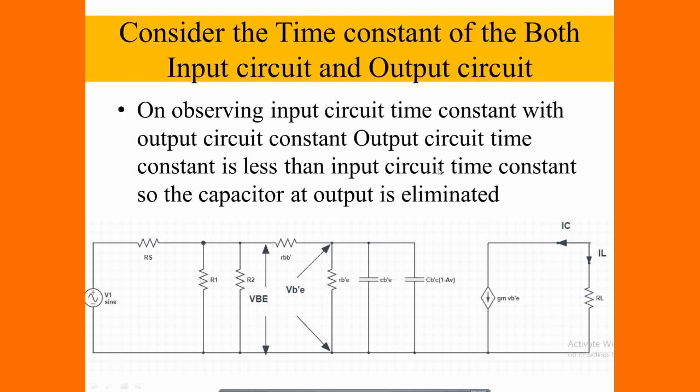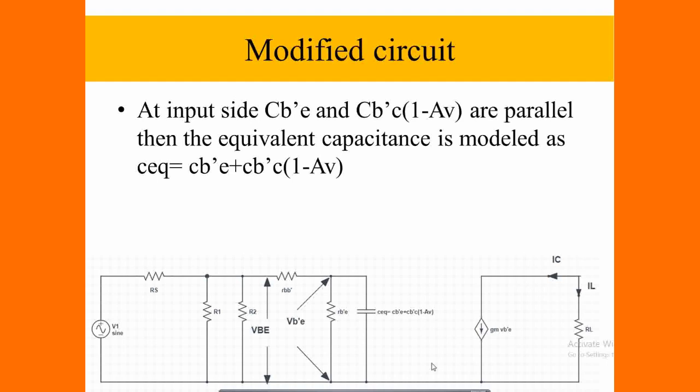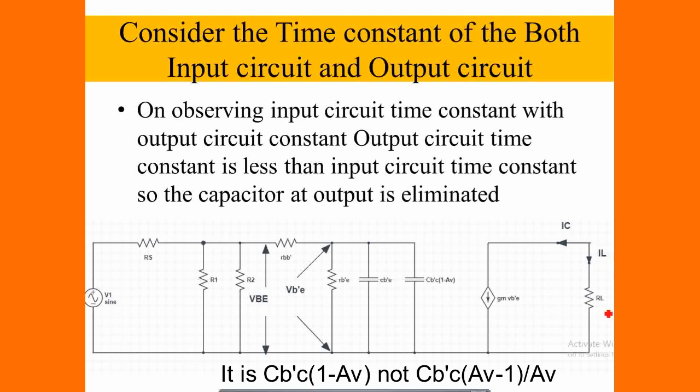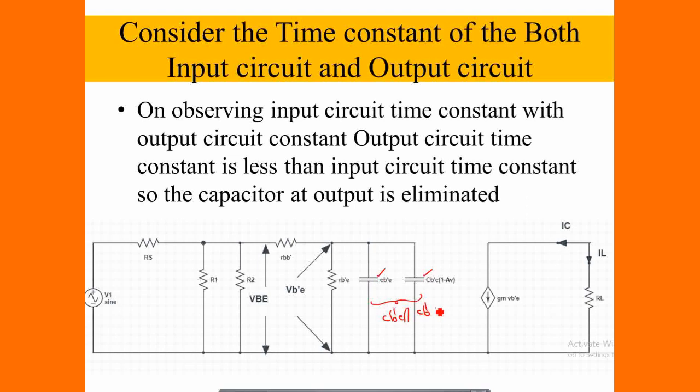And further, if you observe, both the capacitors, CB-C into (AV minus 1) by AV over here, and the CB-E, are going to be parallel in nature. CB-E and CB-C into (1 minus AV) are in parallel.